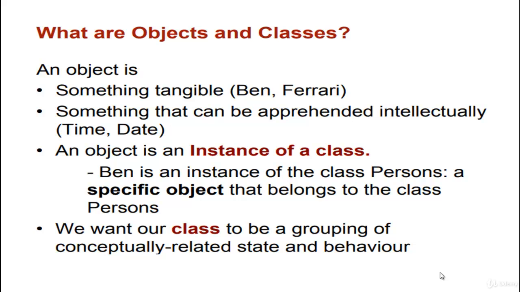Always keep in mind that an object is an instance of a class. So if Ben is a person, or Tendulkar, Ricky Ponting, so Ben Stokes, if you say Ben is an instance of the class persons. So if you elaborate it more, it's a specific object that belongs to the class persons.